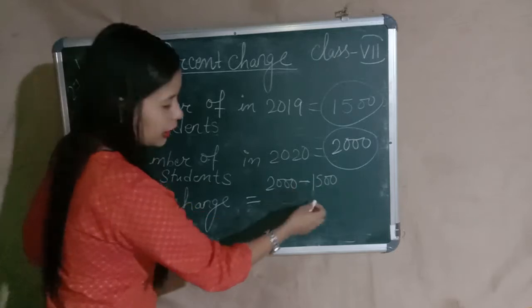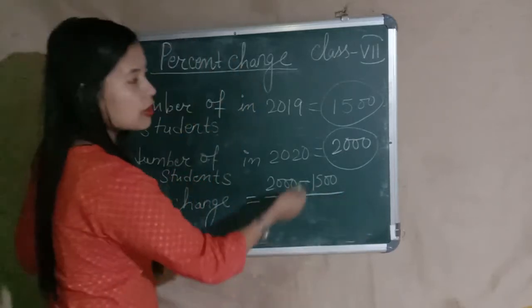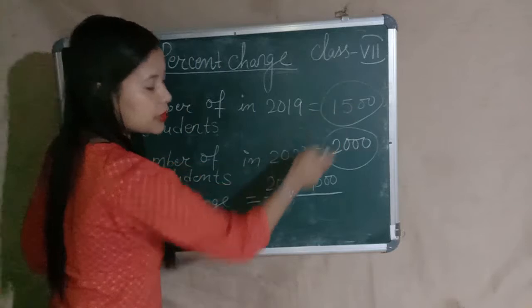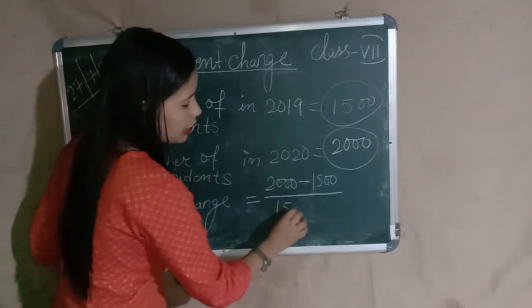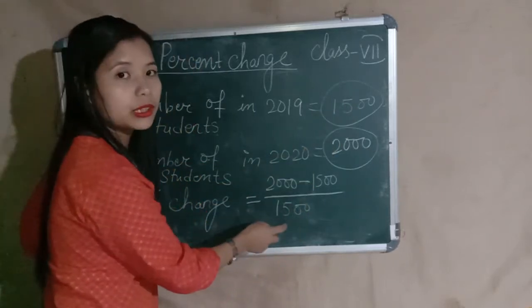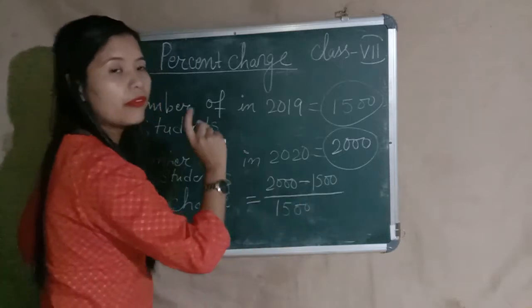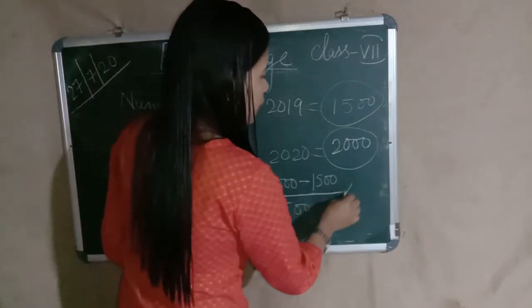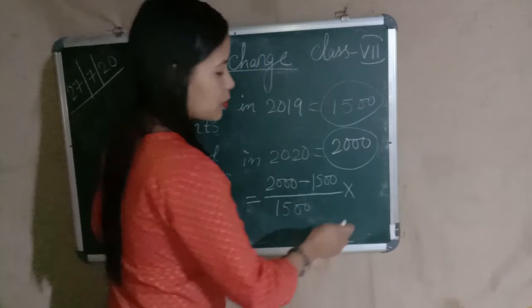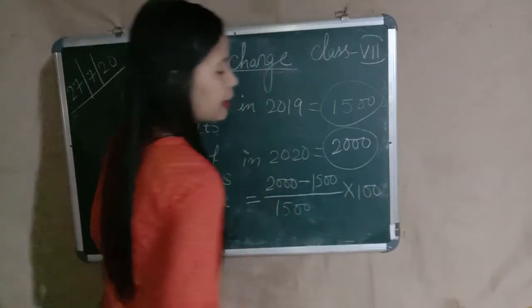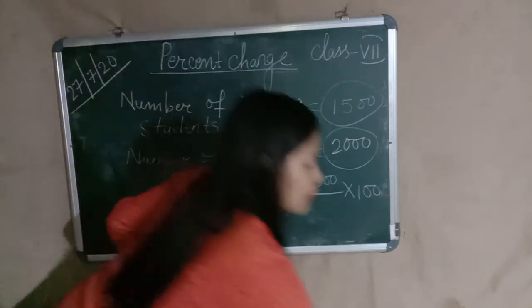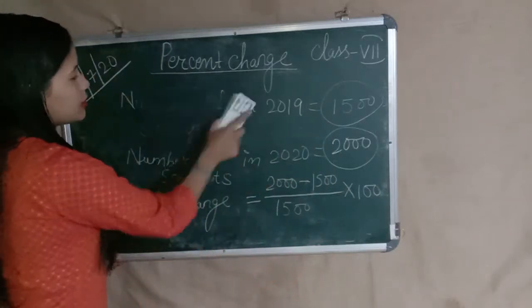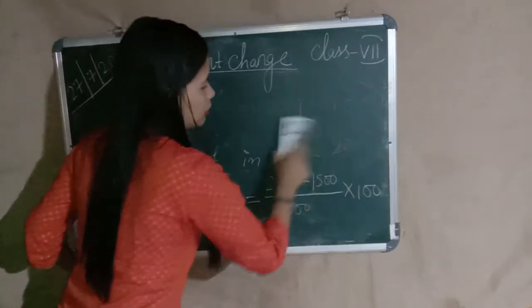That is the change, divided by the original value, that is 1500. Remember that the change is always calculated over the original value, the old value. Since we are finding the percentage change, we will be multiplying this fraction by 100.